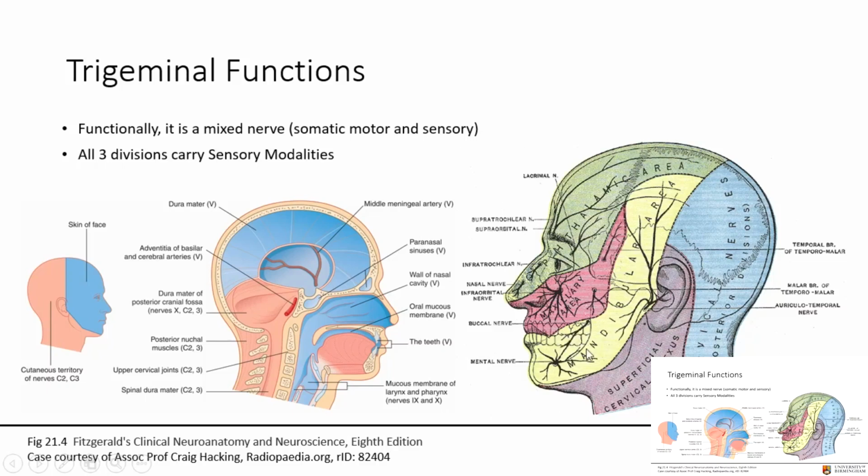And finally the mandibular division, this one here in yellow. This one will supply the rest of the face, including the mandible, the temporal region, and the region anterior to the ear. It's important to notice here that the angle of the mandible is not innervated by the trigeminal nerve.